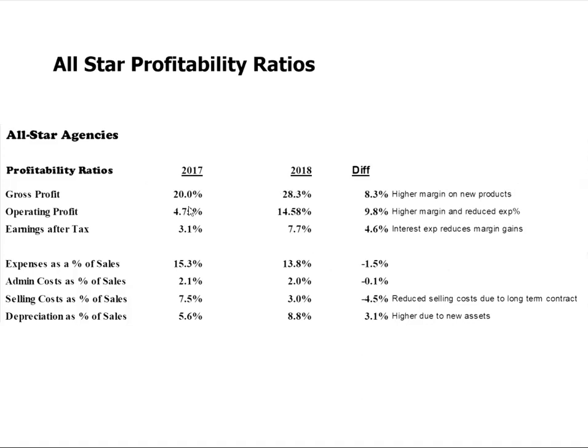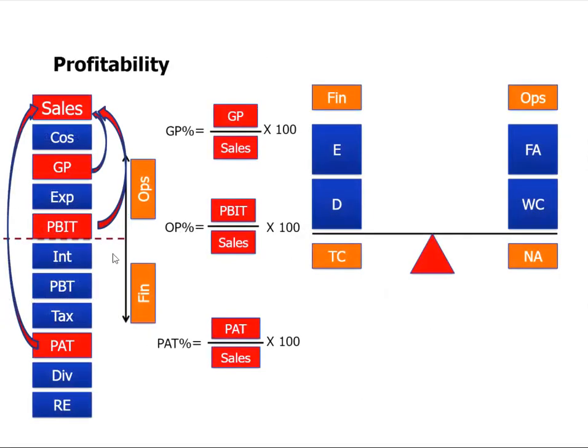This increase in profitability can also be seen at the operating profit level. Now, the only difference between the gross profit and the operating profit, if I go back one slide, is that there is an expense line in there. So the introduction of that expense line will make the operating profit lower, but if there are higher profit margins at the GP level, these often translate to the operating profit level.